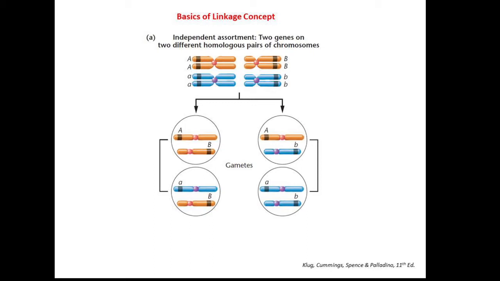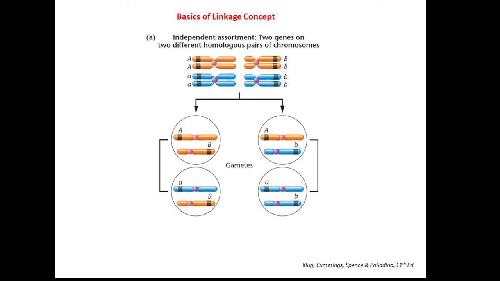In the left upper circle, you can see gene A and gene B going together, because these are two different chromosomes, and they are now in haploid conformation. So only one strand of A and one strand of B is there, not both, because now it is not a homologous pair, it's a haploid pair.